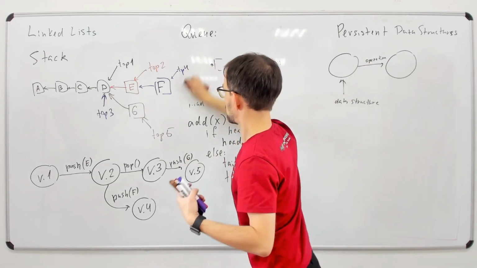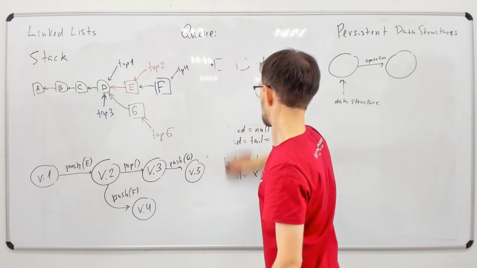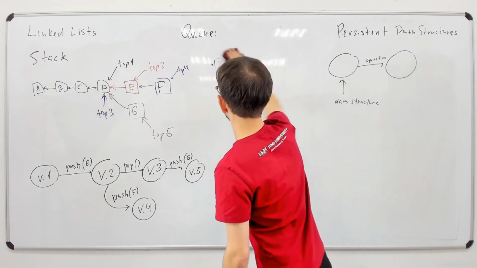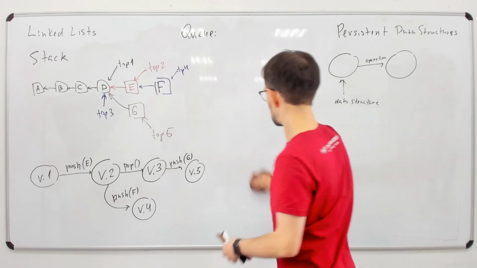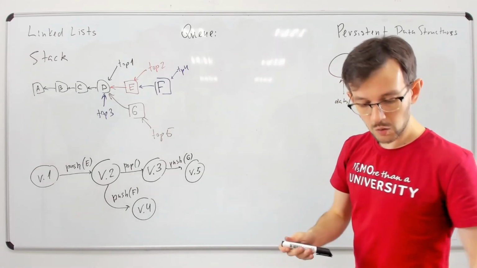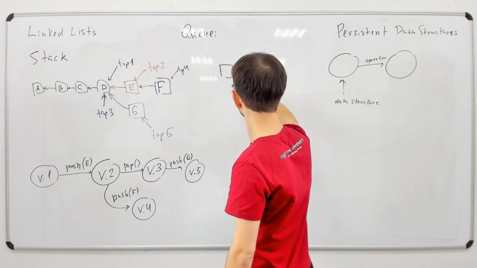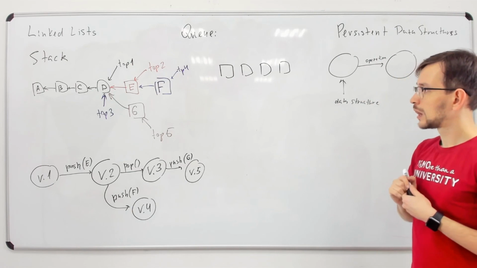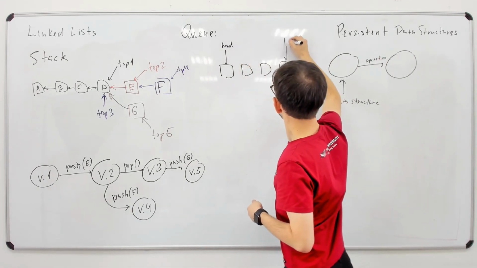Can we do the same with the queue? Can we just use the same technique and apply it to the queue? It looks like it's not a big difference, but it actually is. What is the big difference between stack and queue? We have head here, we have tail here.